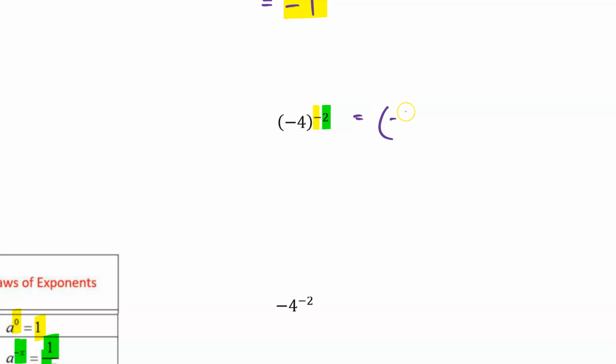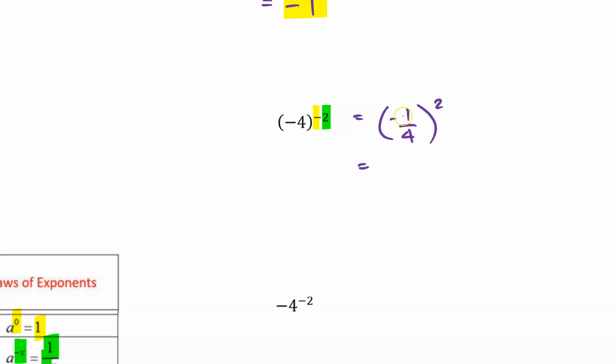You could write the negative here, it doesn't matter. That's what the negative did, and all I have left is the 2. Because that highlighted negative caused the reciprocal, and the reciprocal happened.